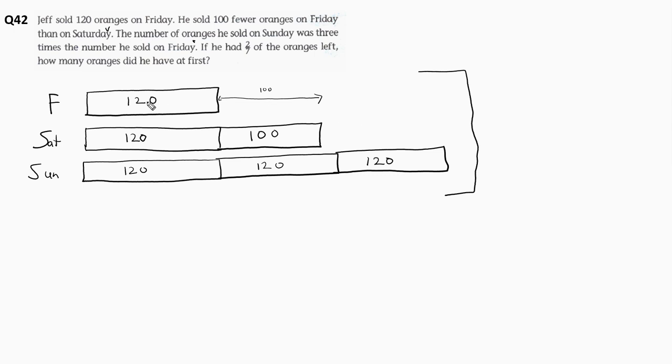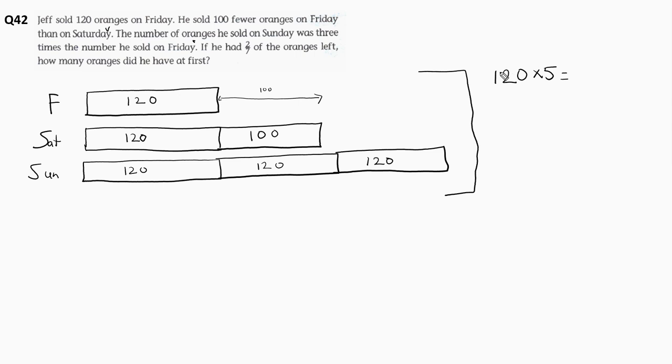So what do we have? We've got 1, 2, 3, 4, 5. We've got 120 times 5. Now, hopefully you notice it would be very easy if it was just 12 times 5. You know that 12 times 5 is 60.